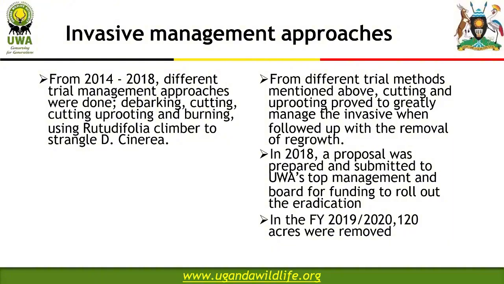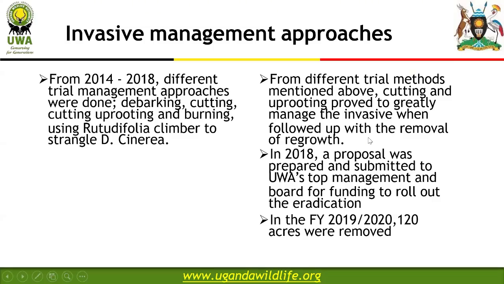So from 2014 to 18, we started creating sample plots. We tried different approaches: debarking, cutting, uprooting, and burning. We also tried using a climber to strangle the Dichrostachys cinerea. So we tried different species.